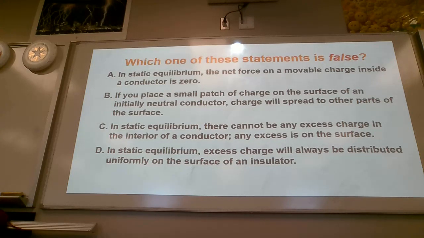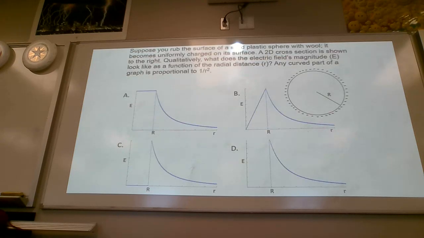Thumbs up when you got an answer. Is everybody okay with D? Dangerous dinosaurs. A, B, and C are true. Good with that? Yeah, I'll let you read that.